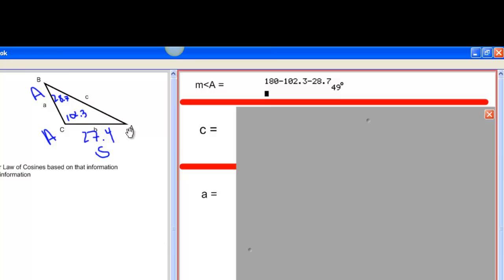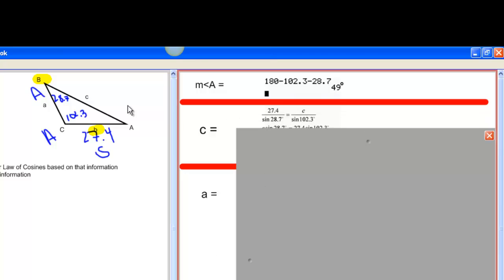Okay, for side c, now that I know that A is 49 degrees, I could have used little a and big A. I will just tell you for consistency's sake, in the problem I was given angle B and then side b. That was the family of either A, B, or C in the triangle that was given. So when I start setting up my proportion, that's what I'm going to do first.